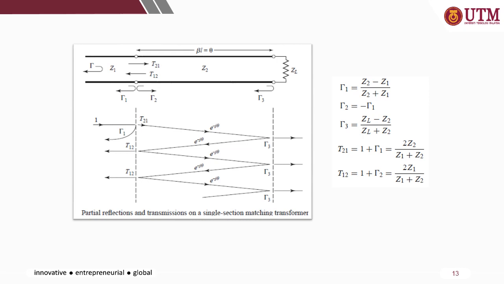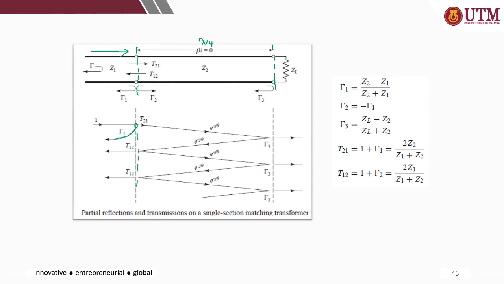So this is the first intersection between the input point and the lambda/4 element, and another intersection towards the load. So what happens when the signal is injected into the line? There will be reflection at the intersection point, at this point.